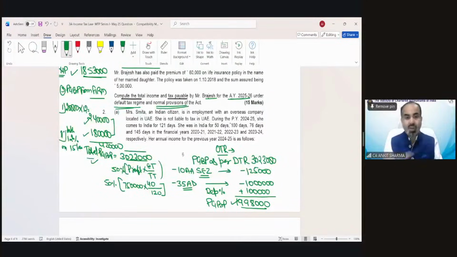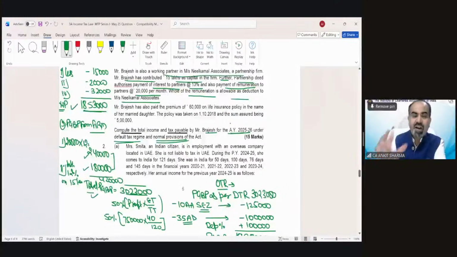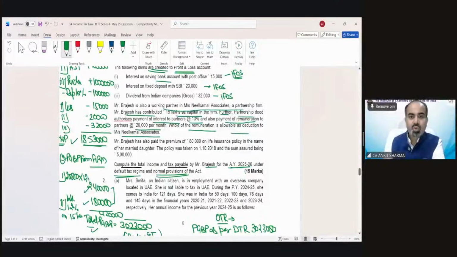We just read the question and start solving it. Once you read the question, you have to recall the provision which should be applicable in that case. You can see in this example, when there was information regarding partnership firm, you can recall that in case of partnership firm, what is taxable in the hands of partner? The salary and the interest. And what amount do I need to tax?